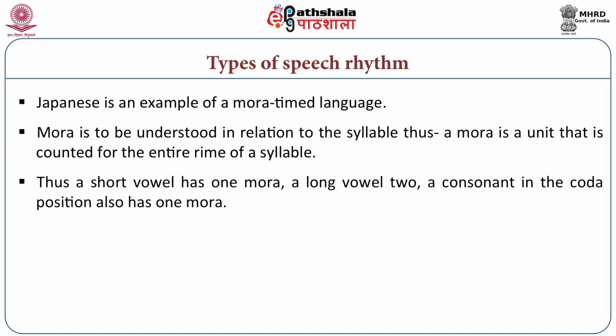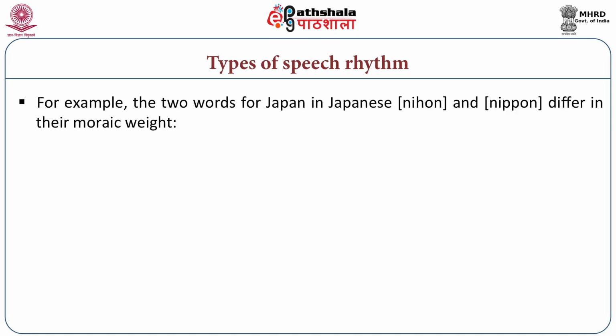In Japanese, a short vowel has one mora, a long vowel has two morae, and a consonant after the vowel also has a mora, but the onset has no mora. Thus, the two words for Japan in Japanese, Nihon and Nippon, differ in two different moraic weights.